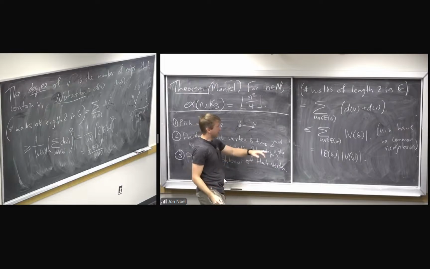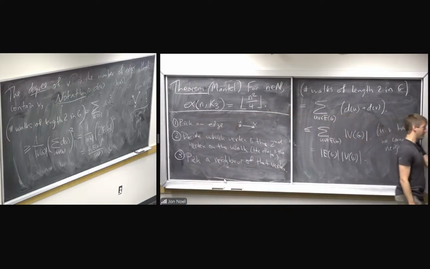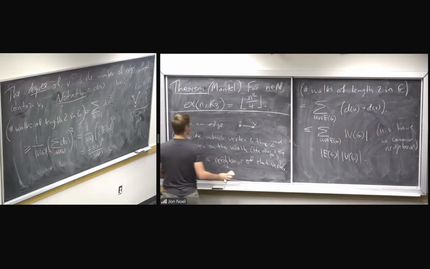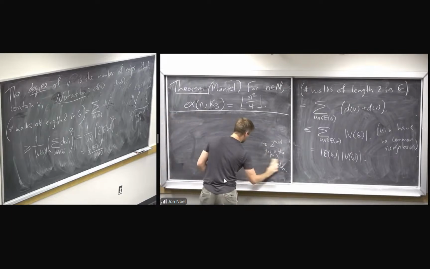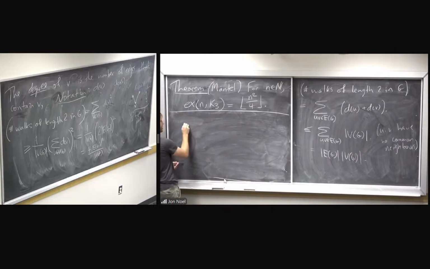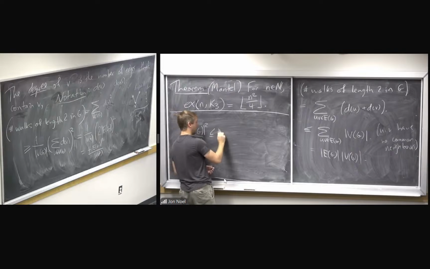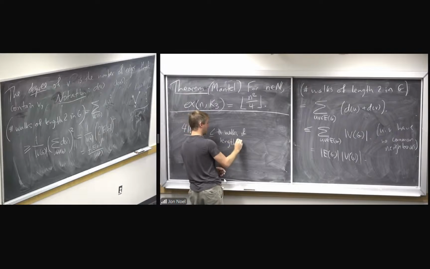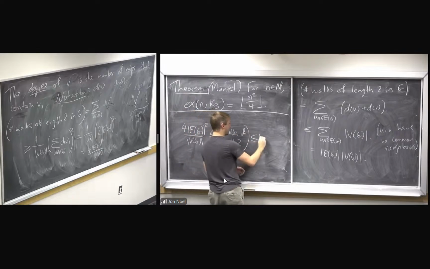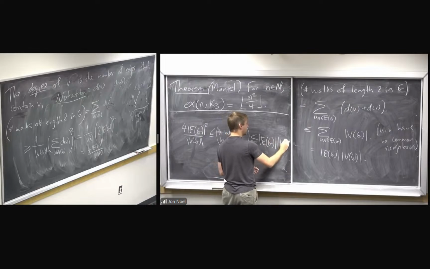So what I've done is get an upper bound on the number of walks and a lower bound. And I just put those things together and hope that it's going to work. So the number of walks of length 2 is at least 4 times the number of edges squared over the number of vertices. And it's at most the number of edges times the number of vertices.